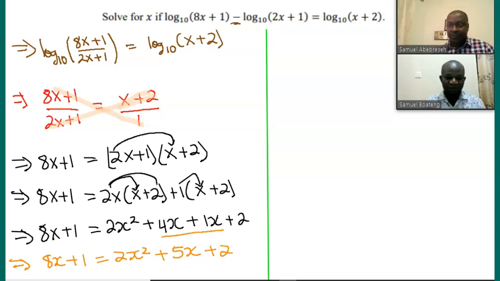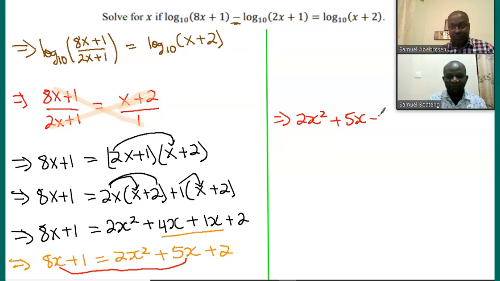Now, this seems to be quadratic, so we can move the left-hand side to the right-hand side. So we have 2x squared plus 5x minus, when you move 8x, plus 2 equal to 0.